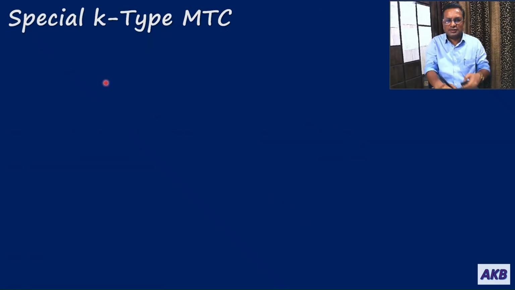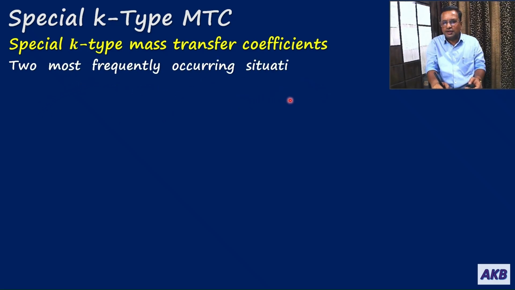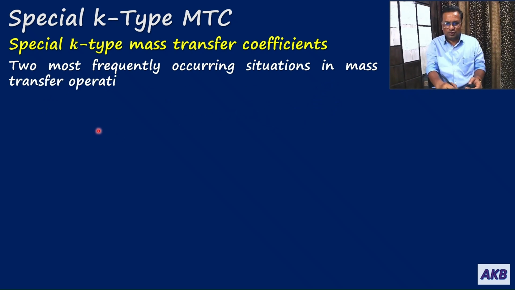Then let us know in brief about special K-type mass transfer coefficients. Again, I have a separate video on special K-type mass transfer coefficient. It is part number 4 of my discussion on mass transfer coefficients. Over here, I have included a brief discussion on those special K-type mass transfer coefficients. They are defined for the two most frequently occurring situations in mass transfer operations.